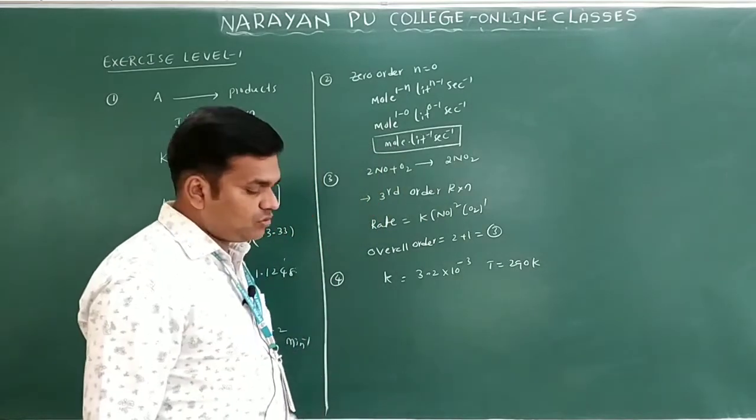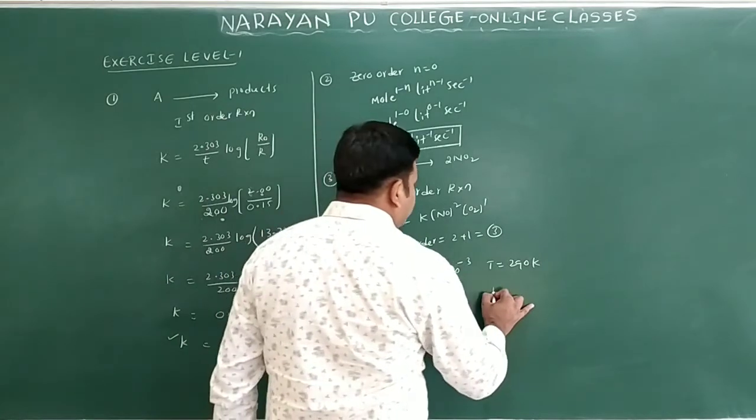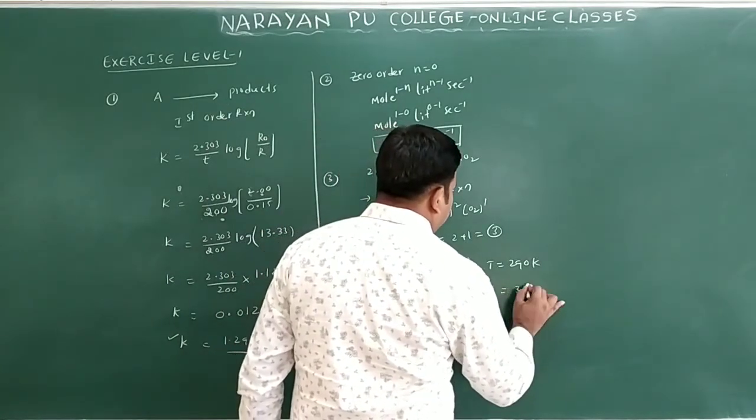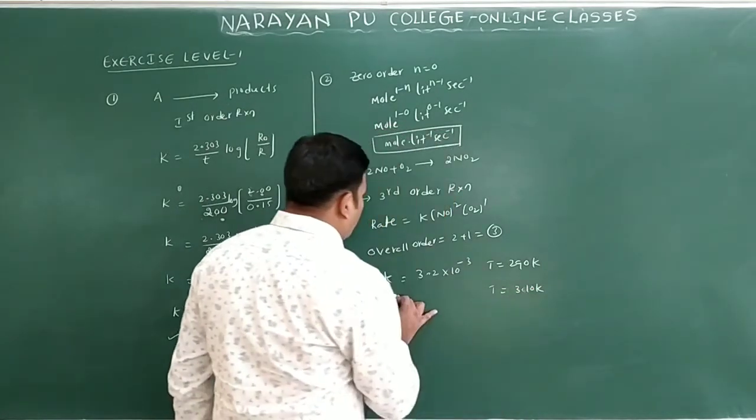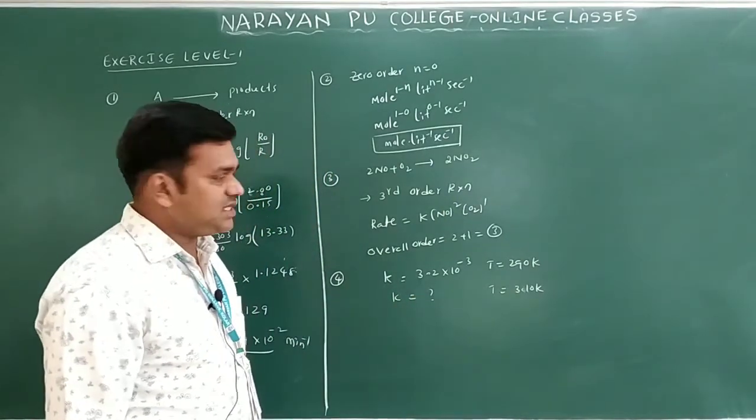Now what they ask here: suppose the temperature becomes 310 Kelvin, what is the velocity constant?